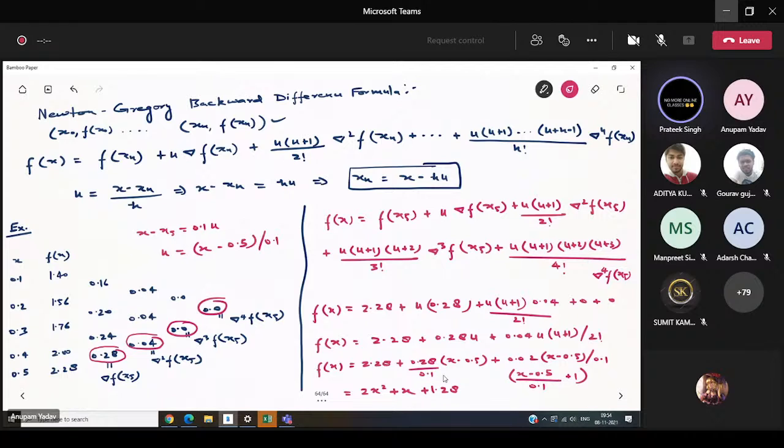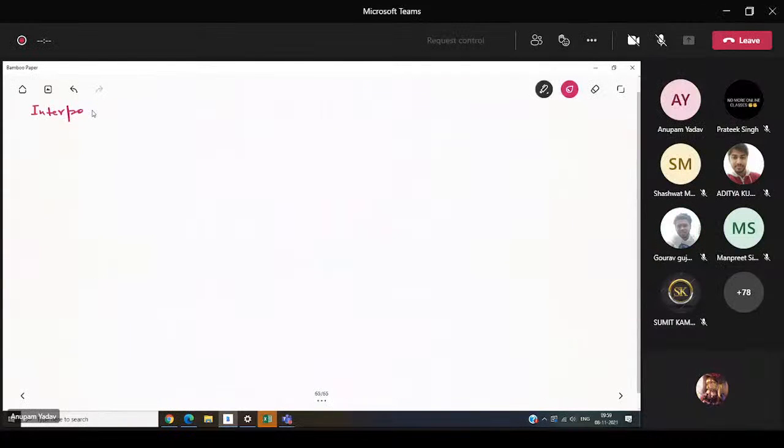Okay, so let me write. We'll study two methods. One is Newton's divided difference formula, interpolating polynomial, for general data.